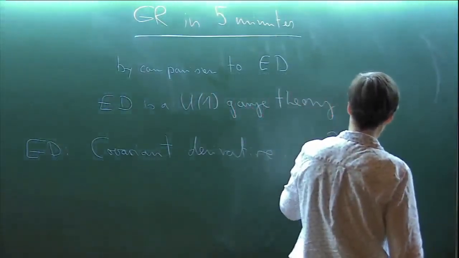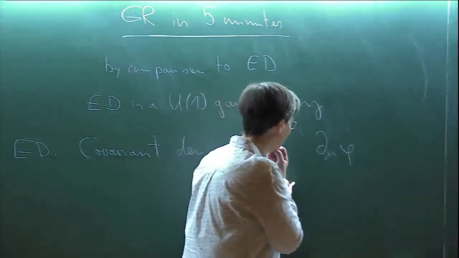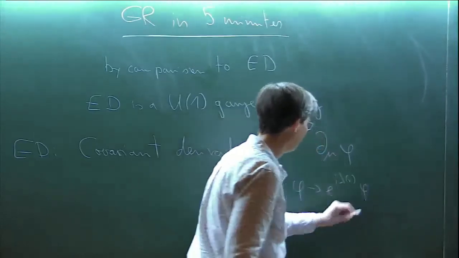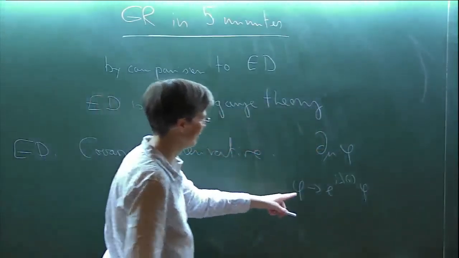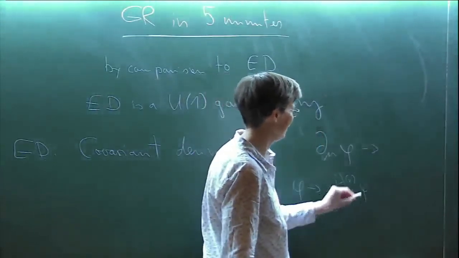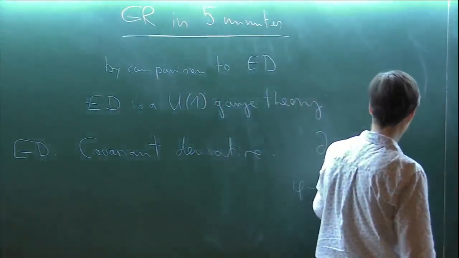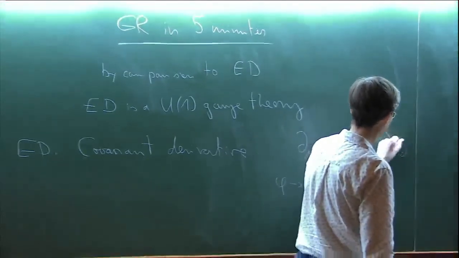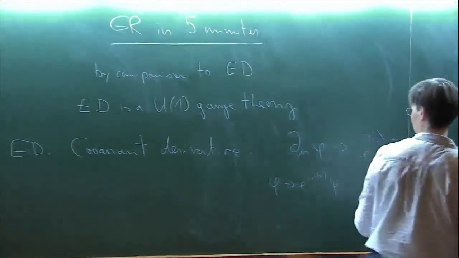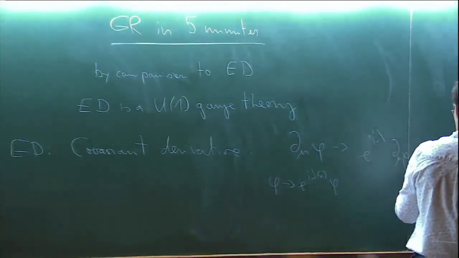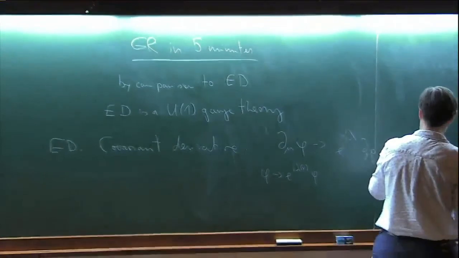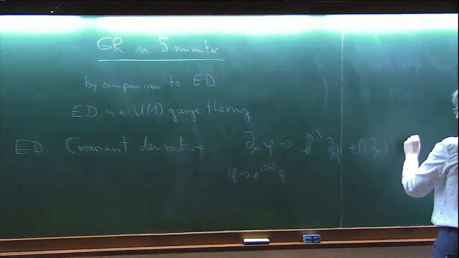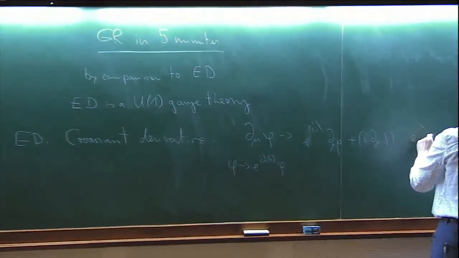If you have something like this, and this field phi transforms like that, then obviously d mu phi goes to e to the i lambda d mu phi plus i d mu lambda times e to the i lambda phi, if I'm not mistaken.